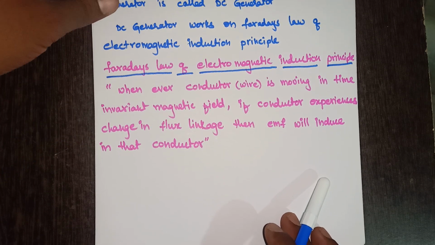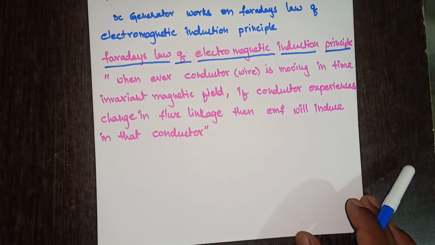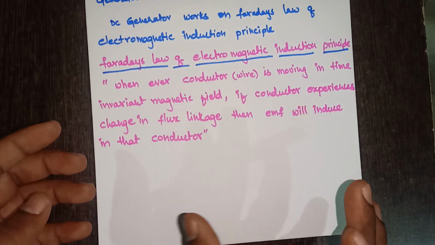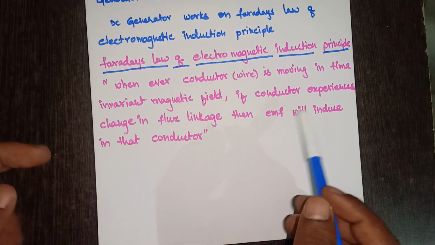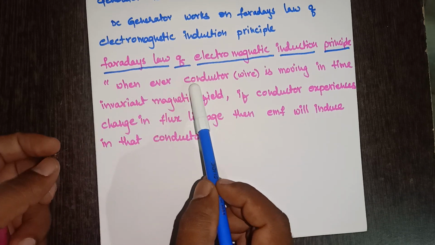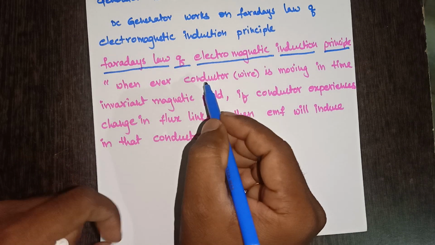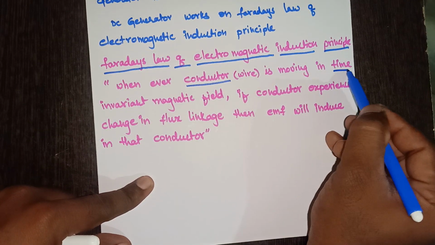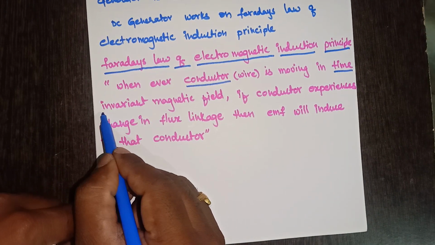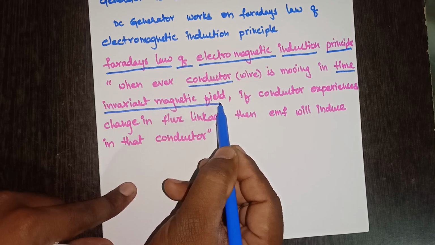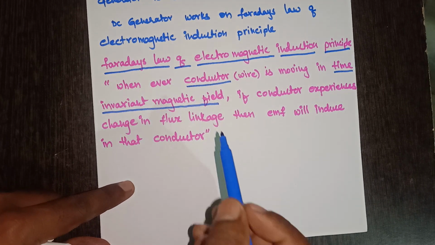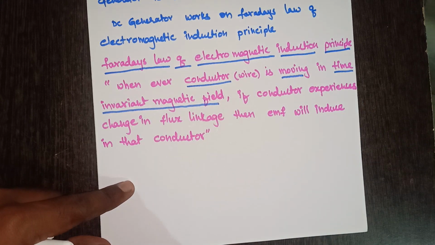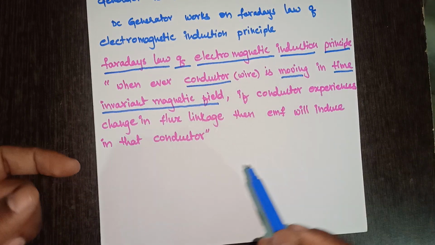So I am taking a magnetic field system. According to this statement, we require a conductor, a time invariant magnetic field, and the conductor should be moving. So this arrangement we have to do here.